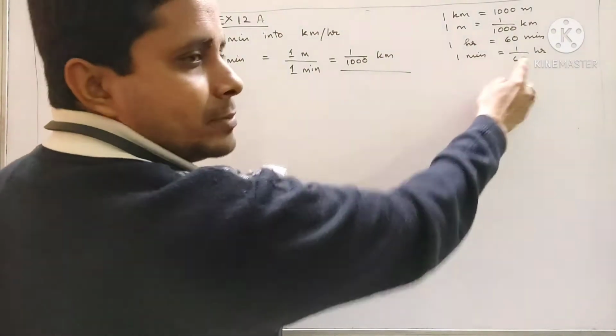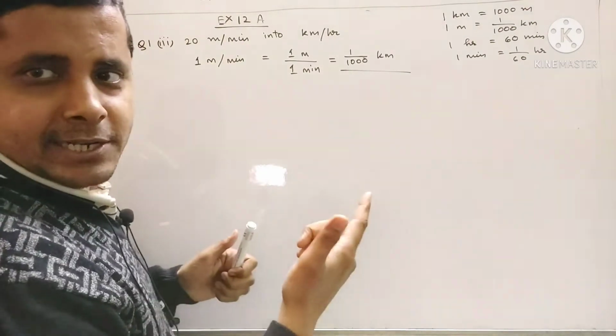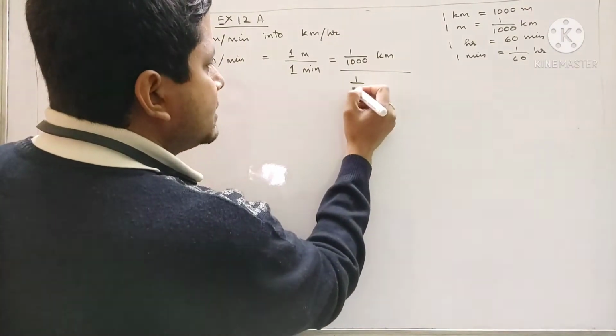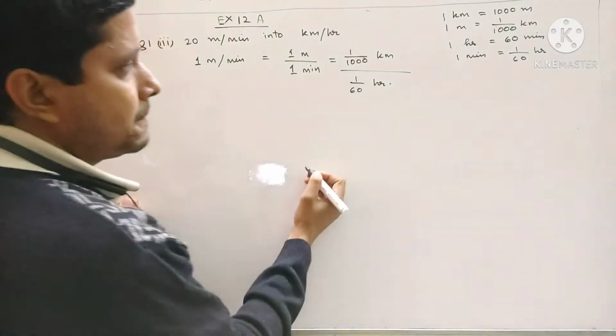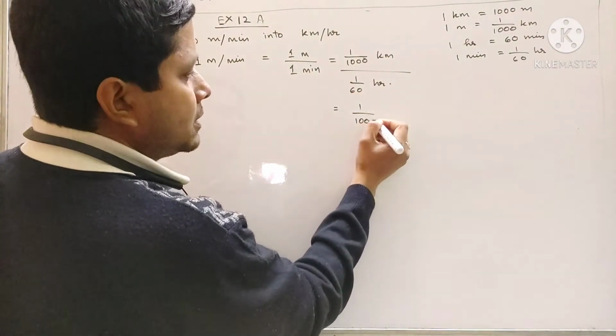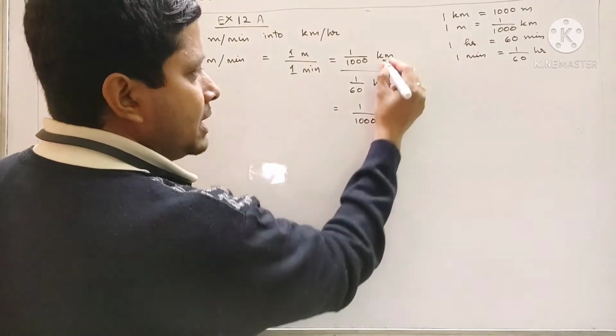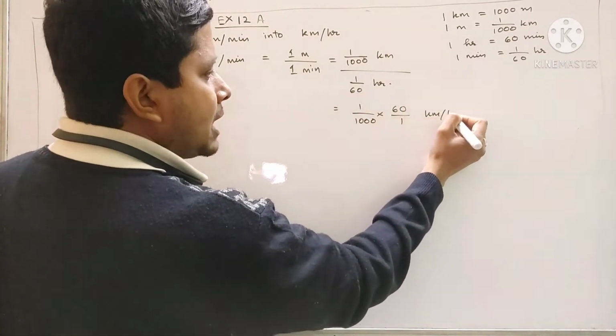So 1 minute will be equal to 1 by 60 hour. Correct? So in place of 1 minute, we will write 1 by 60 hour. So now it has become 1 by 1000 and this 1 by 60 will become reciprocal, 60 by 1, and kilometer per hour.